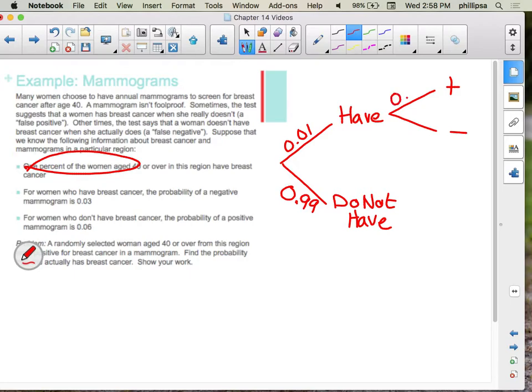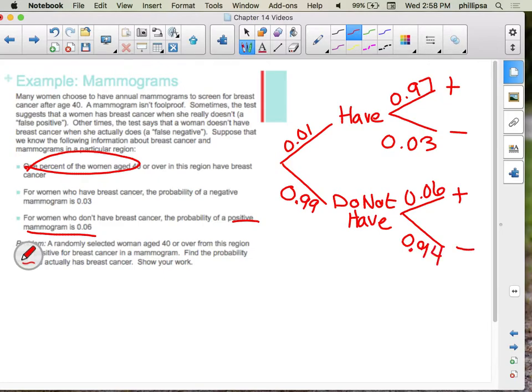So 0.97 that it's positive, 0.03 that it's a negative. Okay? And then if they don't have breast cancer, it came up that a positive mammogram was 0.06. So then, of course, the negative mammogram would have been 0.94.